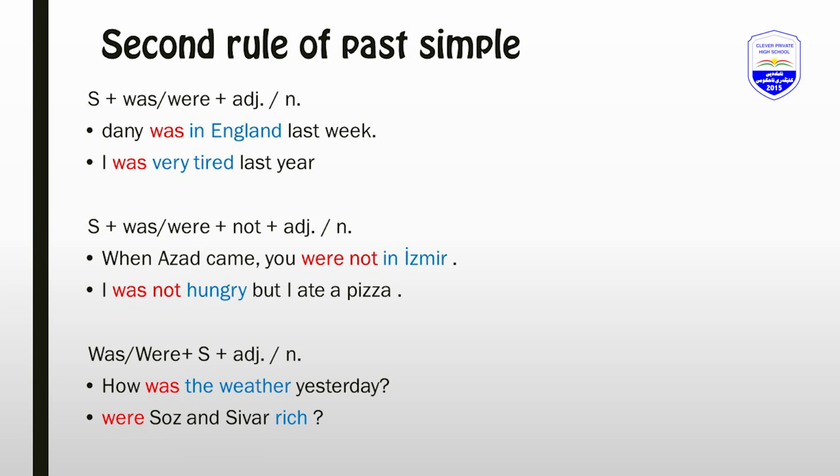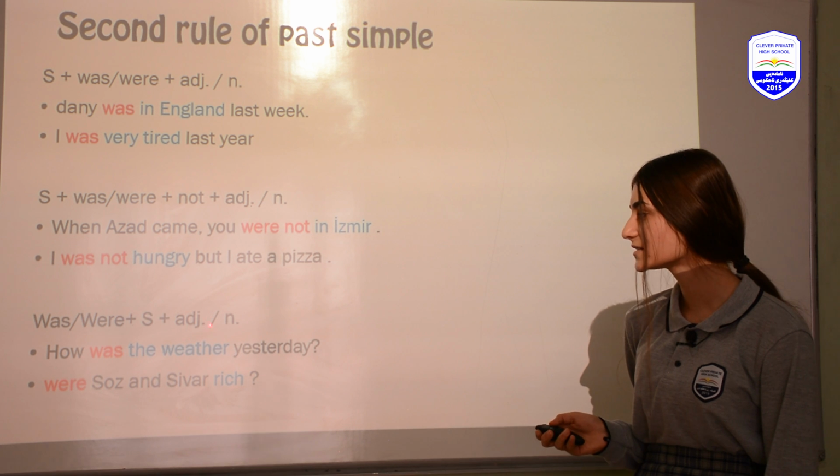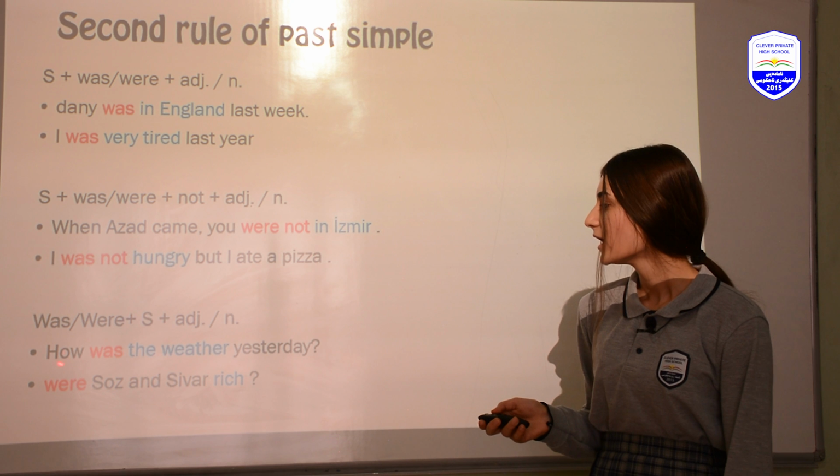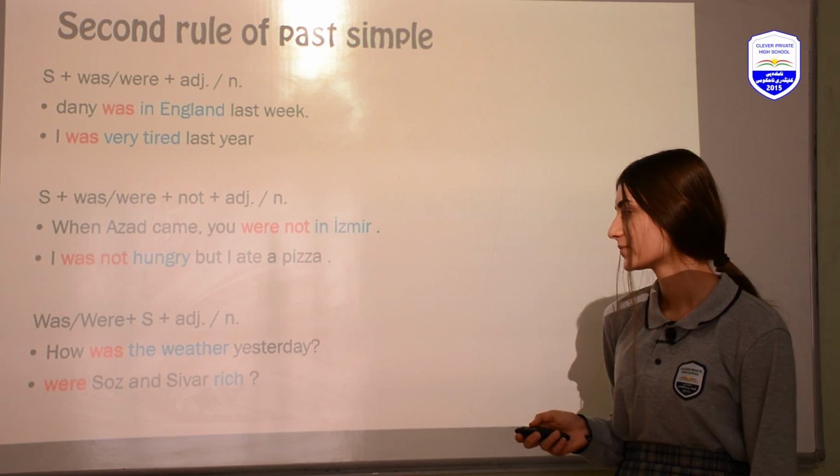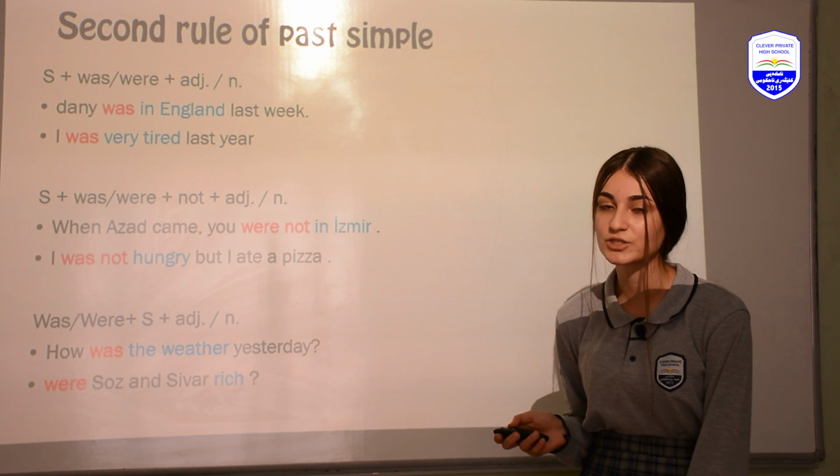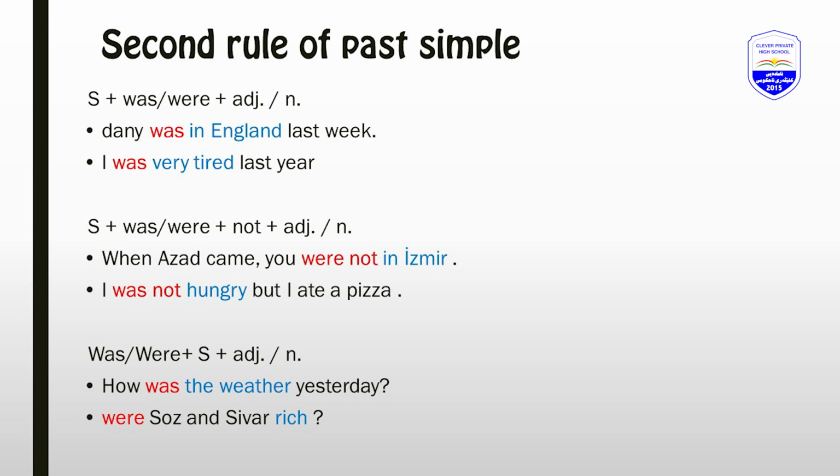We have another form for the second rule of past simple, question form. Was or were plus subject plus adjective or noun. How was the weather yesterday? How is a WH question. WH questions usually start with WH, but here how is included.